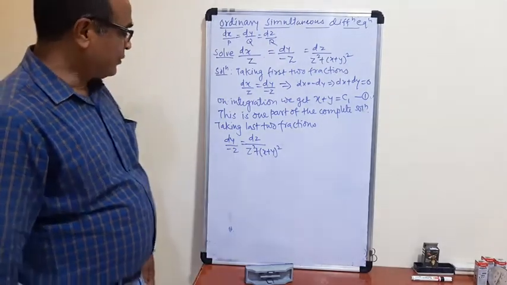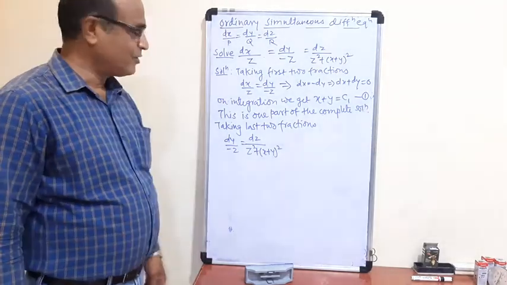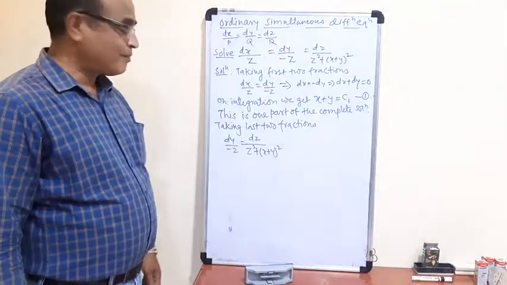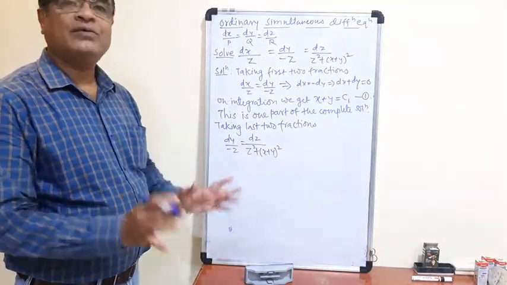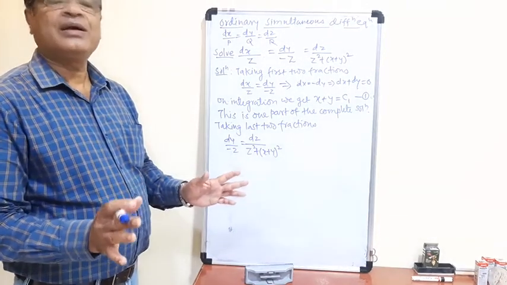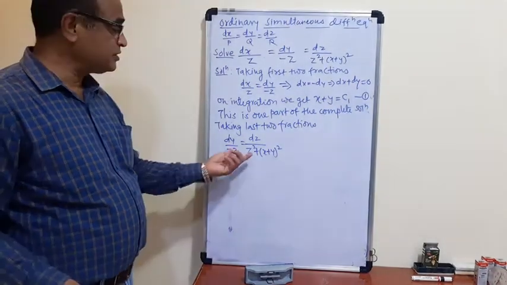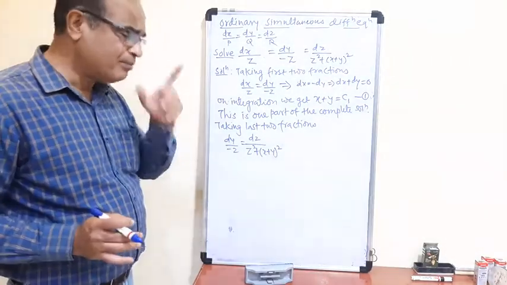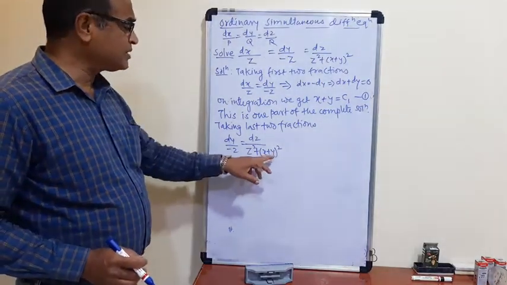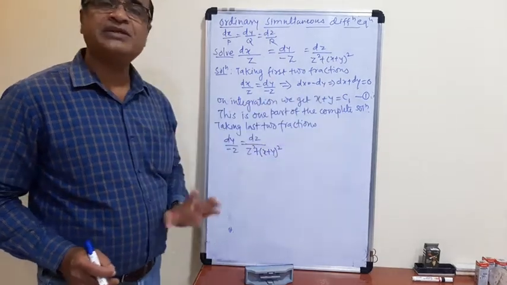Okay. So there are three variables. We take the last two fractions, but it is difficult to eliminate one of the variables x, y, z. But there is a very simple clue. So put x plus y is equal to c1 there.